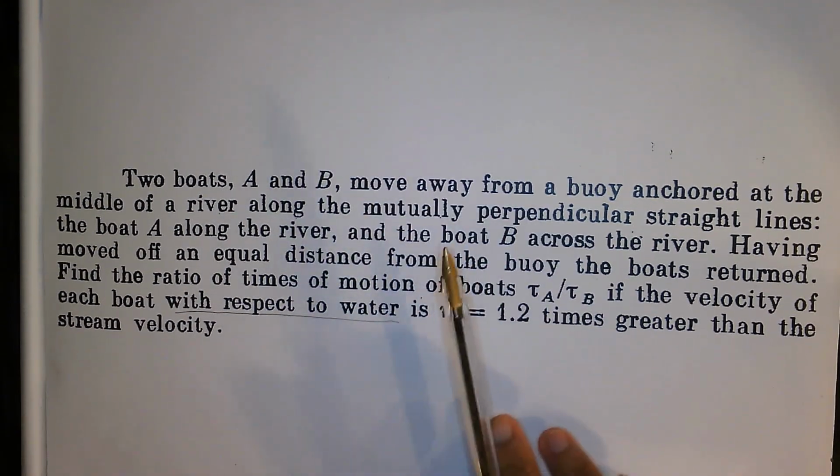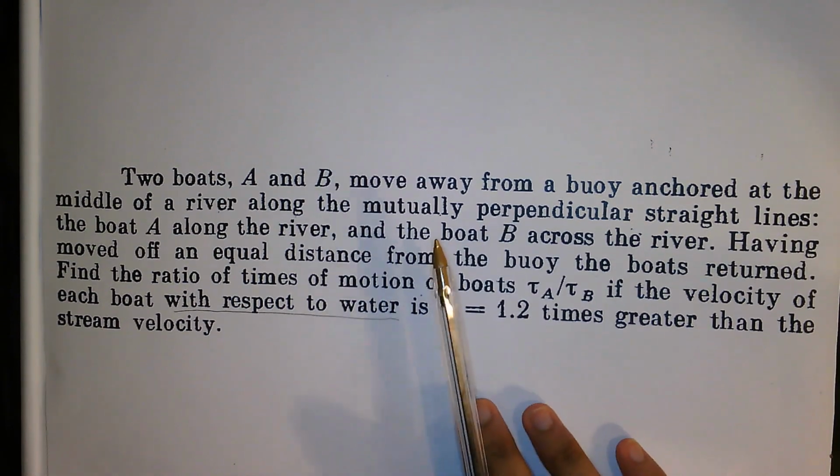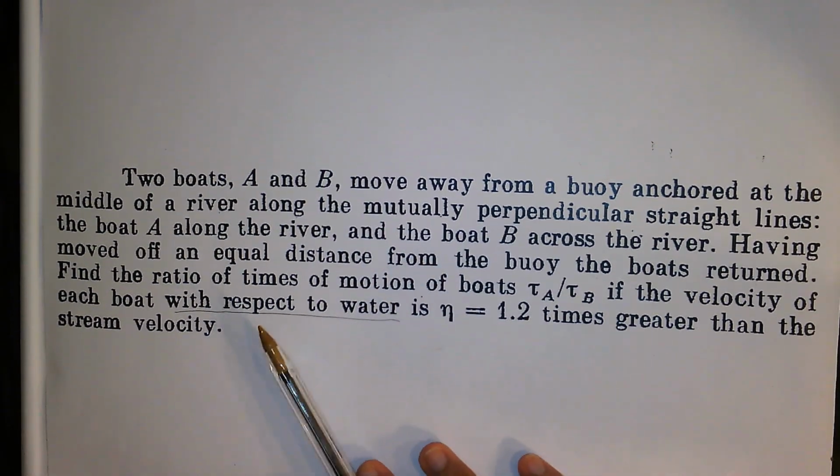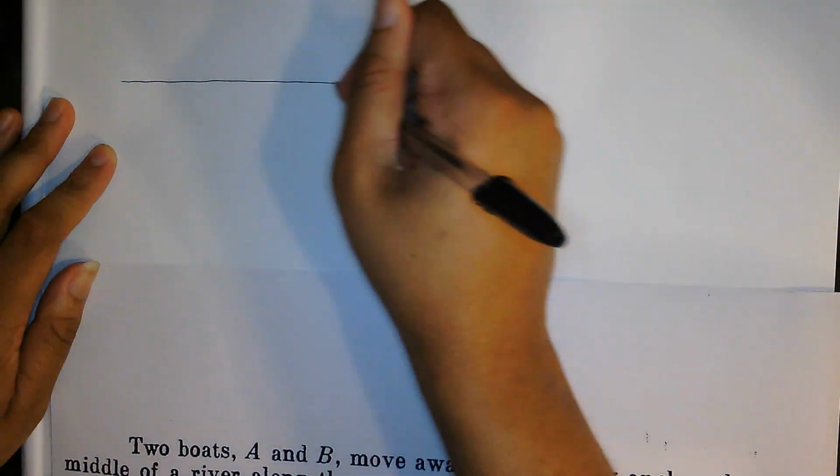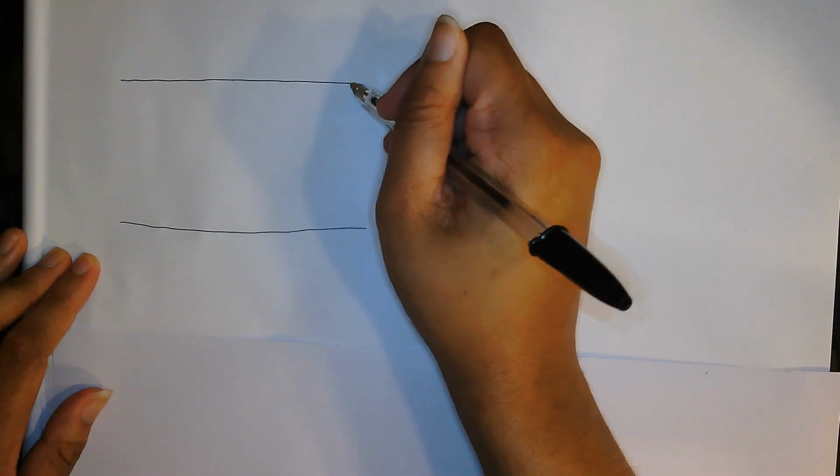Okay, so I'm first going to draw out a diagram to represent this problem so we can understand it better. Okay, so I'll first draw the river. So here's one bank of the river and another bank of the river.